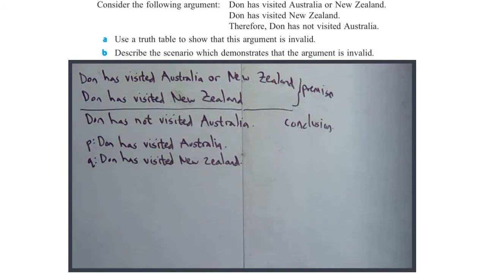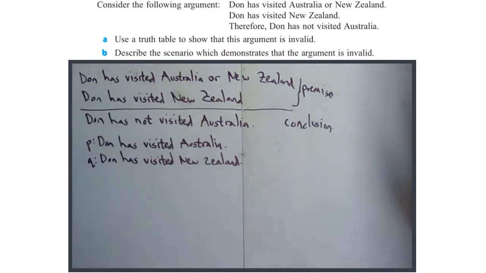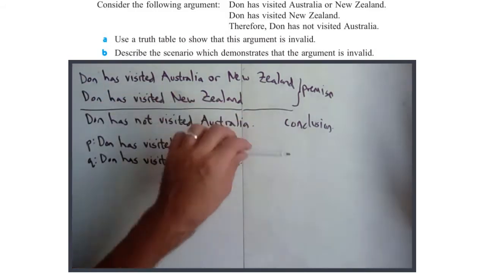Our argument needs to look like this: everything in the premise needs to be true, so the conjunction of this and this, and then we need to see if that implies the conclusion.